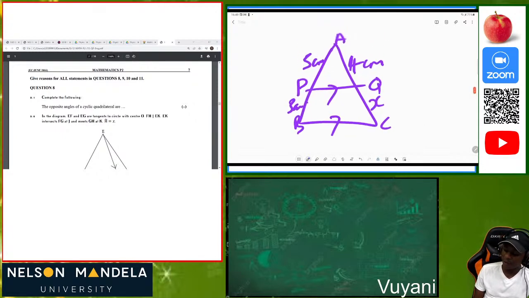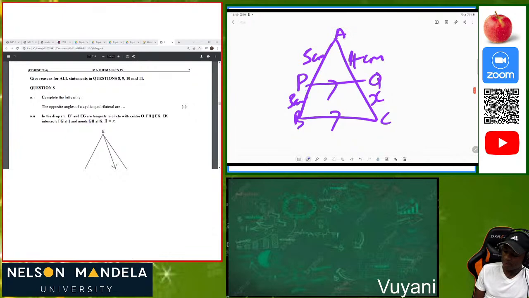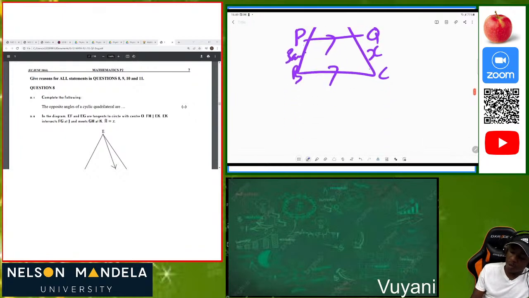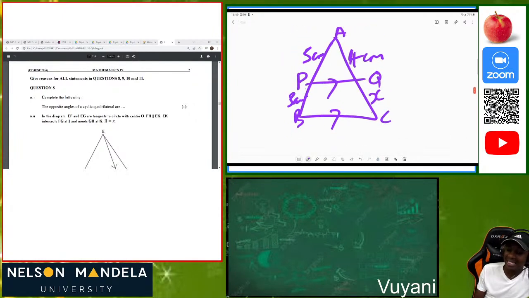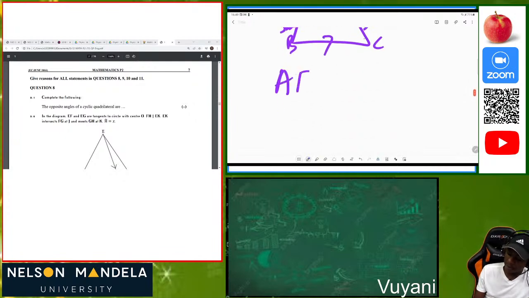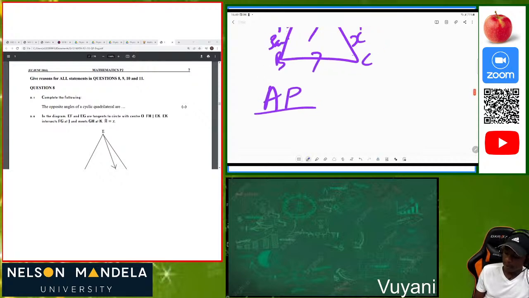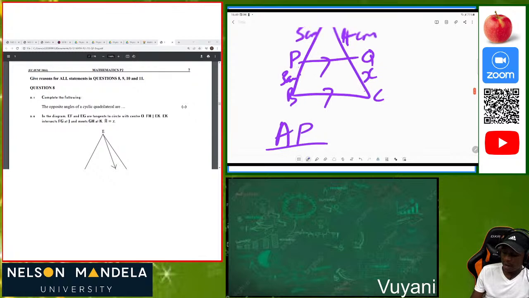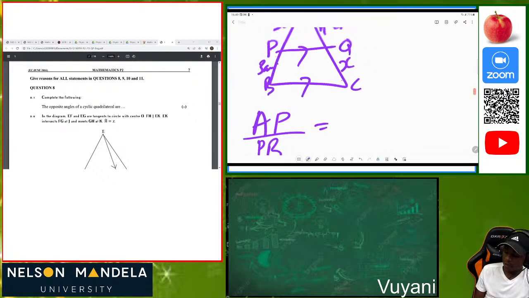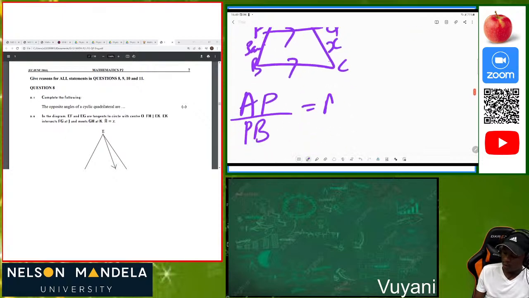How can we determine the value of X? We are saying that PQ is parallel to BC, and we have just been taught the prop theorem, which says that we can write proportions in different ways. So we can write that AP over PB is equivalent to AQ over QC.